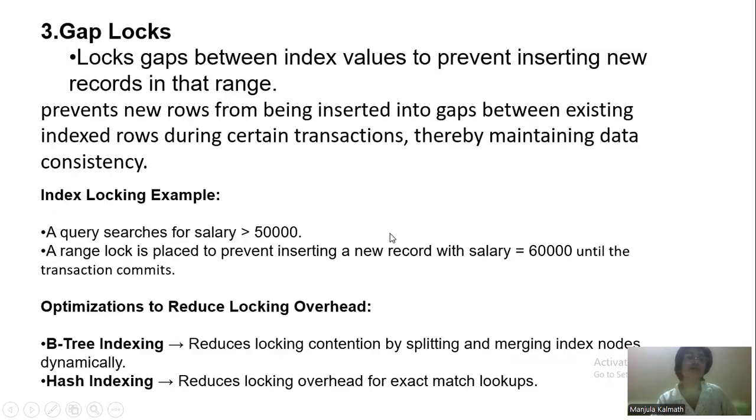Next one is gap locks. Gap locks lock the gap between index values to prevent inserting new records in that range. Suppose we have roll numbers 1 to 50, and some students have left in between, say 10, 12, 15. For that gap, no other record or information should be inserted.